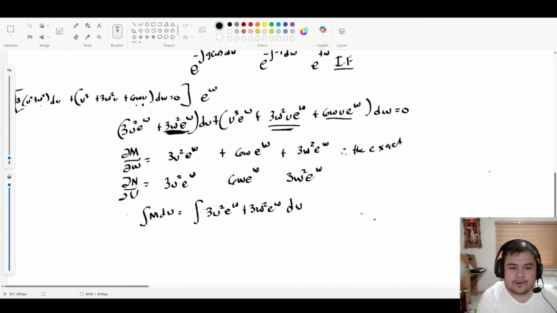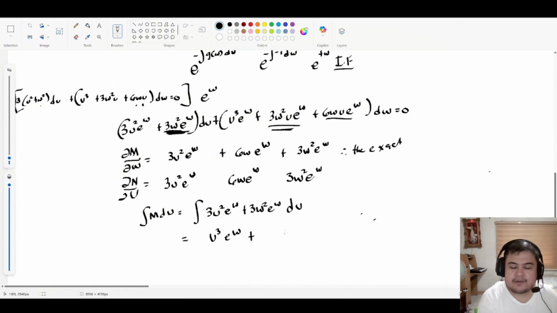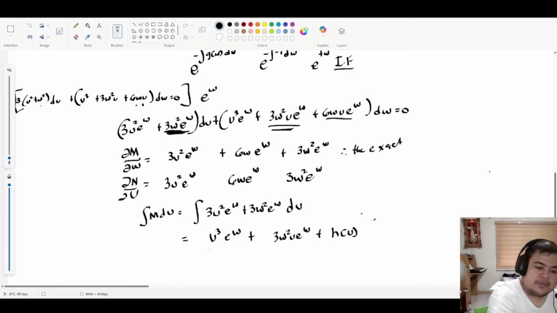by using theorem 1, we're avoiding the hard integration by parts. Okay, only going to be differentiating by product rule. So it equals u cubed e to the w plus 3w square u e to the w plus h of w.